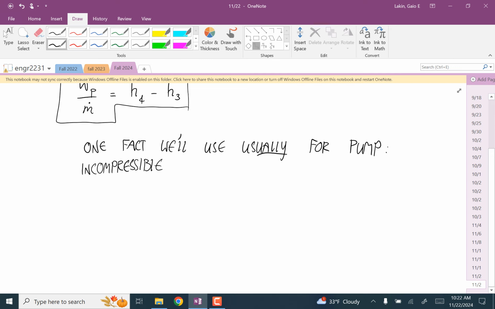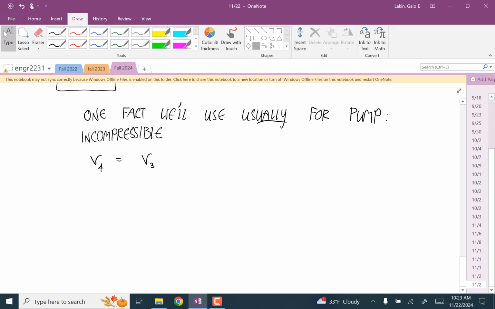And so we're going to assume that the specific volume at state 4 is equal to the specific volume at state 3. And we're going to use the T dS equations to re-express h4 minus h3.